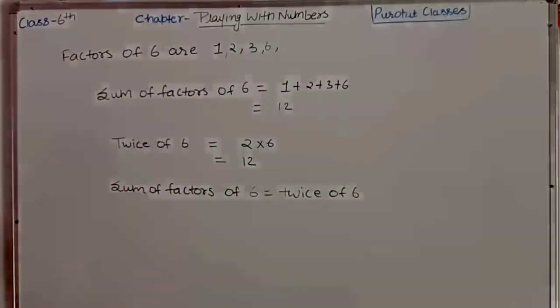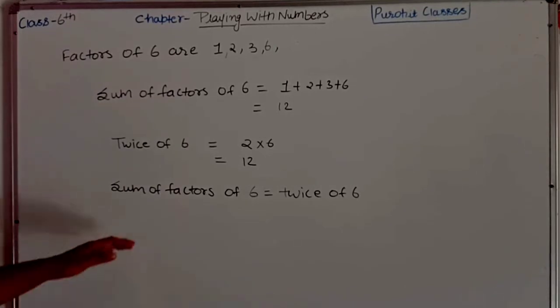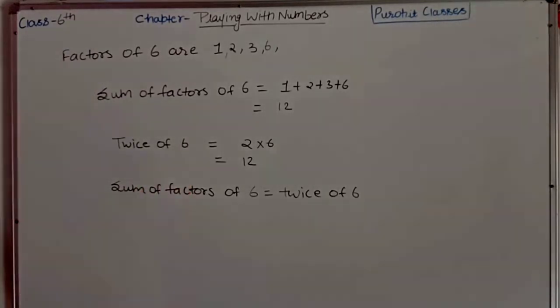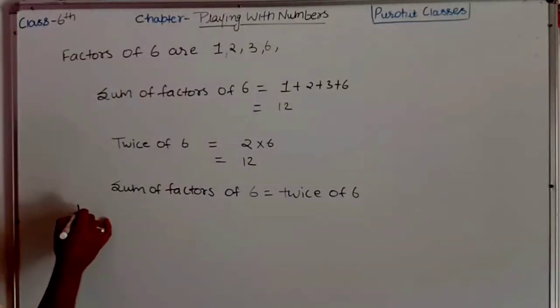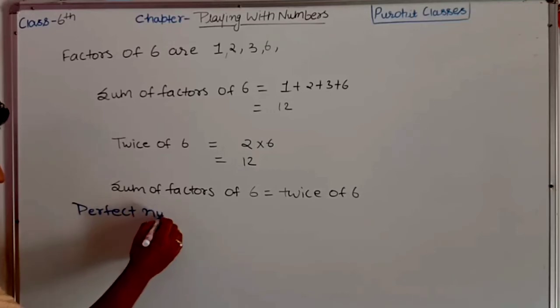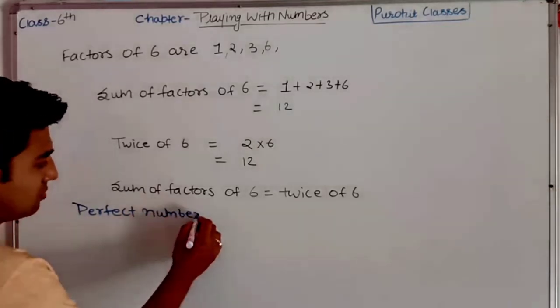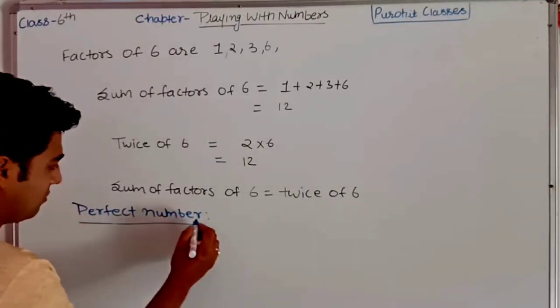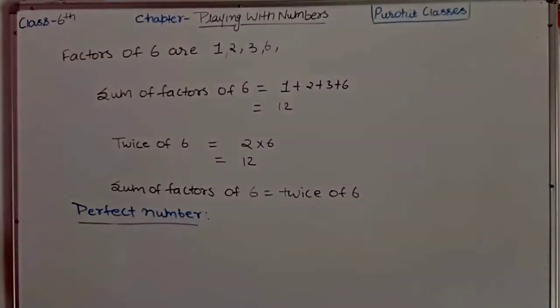So if in the case of any number the sum of factors of that number is always equal to twice the number, then that kind of number is said to be a perfect number. Getting or not? So now here I am defining perfect numbers. This might be new for you, but hereafter in this class you will have to be habituated to this kind of new definitions and numbers.